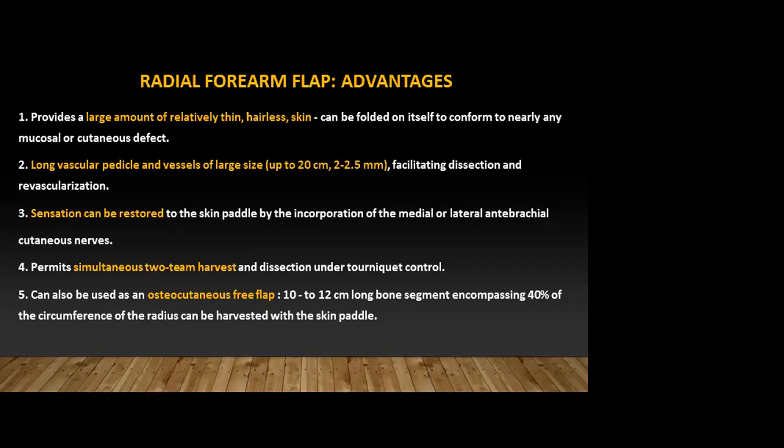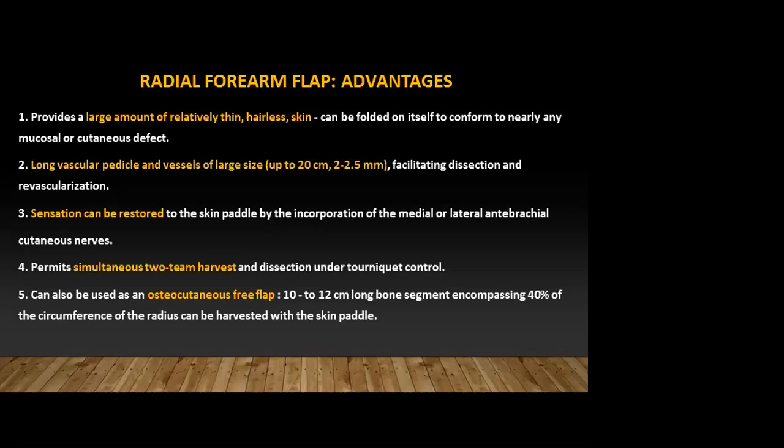The sensation can be restored to the skin paddle by incorporation of the medial or lateral antebrachial cutaneous nerves, and it permits simultaneous two-team harvest and dissection under tourniquet control. As I said earlier, it can also be used as an osteocutaneous flap. That is, we can take about 10 to 12 centimeters of bone encompassing 40% of the circumference of the radius, and it can be harvested with the skin paddle.